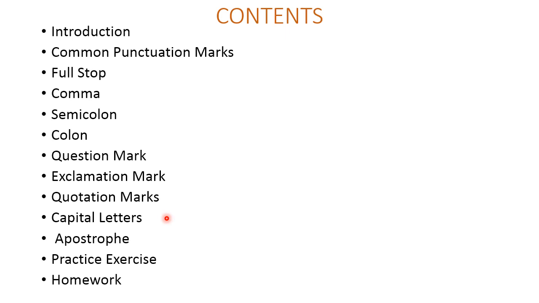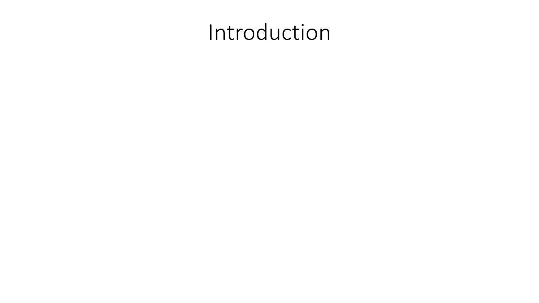What actually are punctuation marks? Moving to the first slide of the video. Introduction. What are punctuation marks according to you? Okay, well, I have an answer for every one of you.